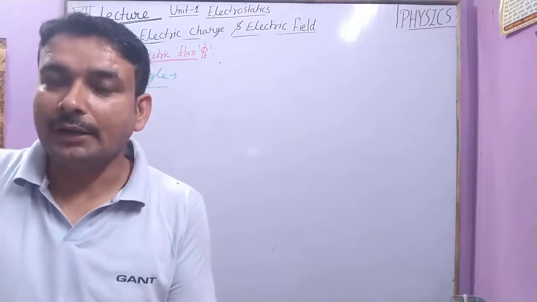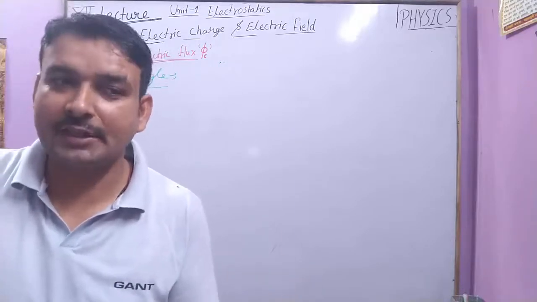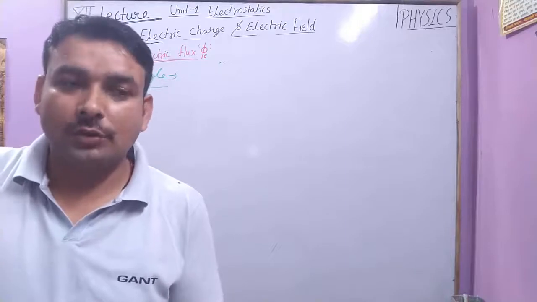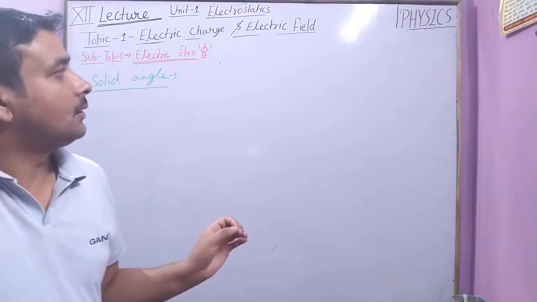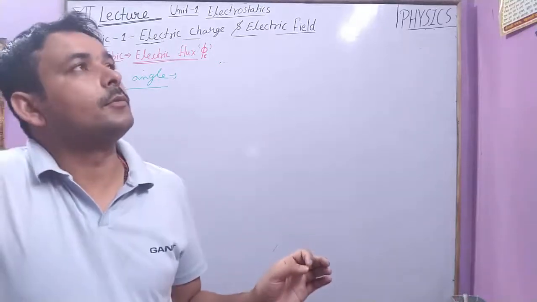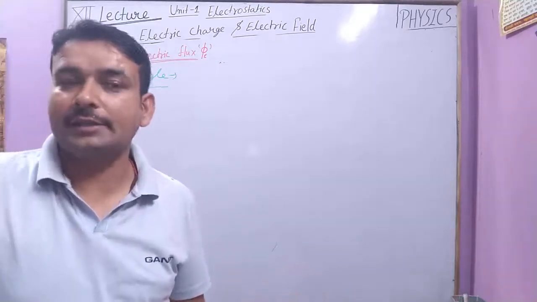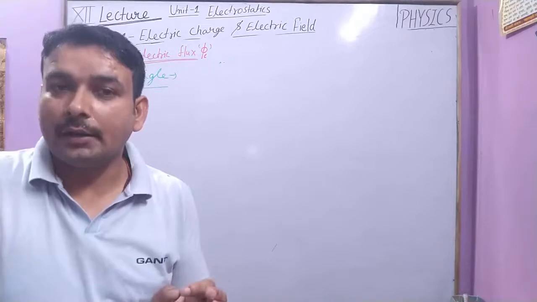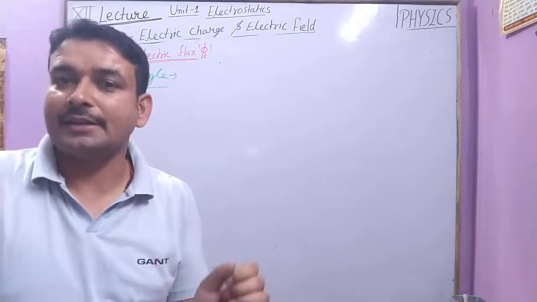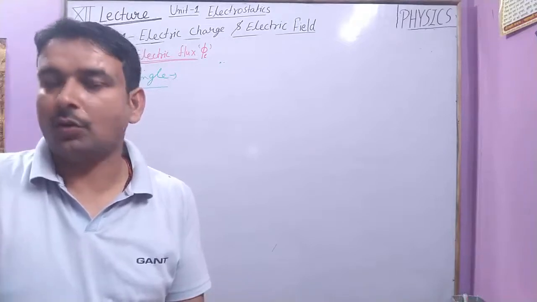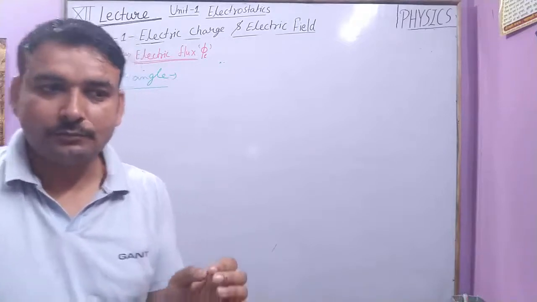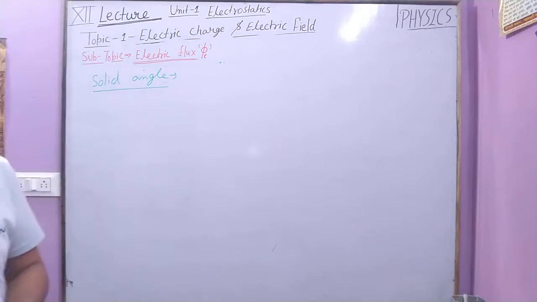Okay, but it is in the three-dimensional space. So you can also define the solid angle as subtended by an arc at the center of the sphere of radius r.